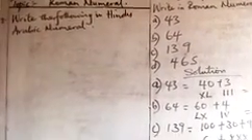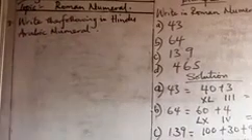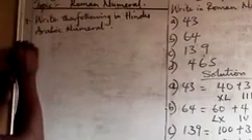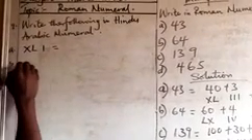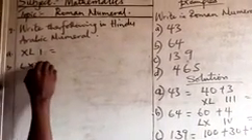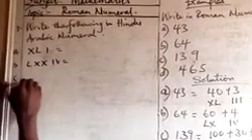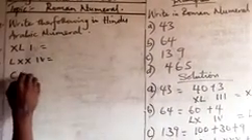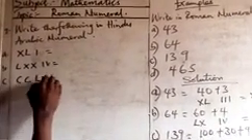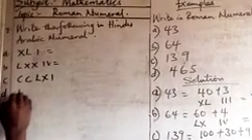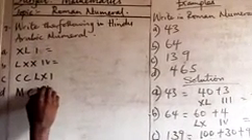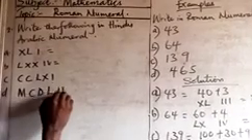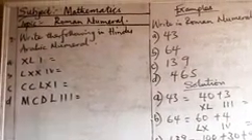That's the instruction. We have A, XLI, B, LXXIV, C, CCLXI, and D, MCDLII. Okay, let's solve this now.